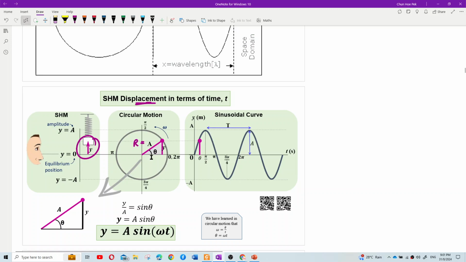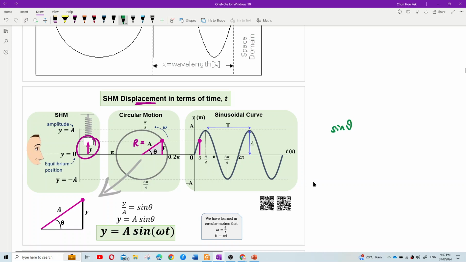Dan kita tahu dia punya, ini theta. What is theta? Theta is the angular displacement. Right or not? So, using what? Trigonometry.